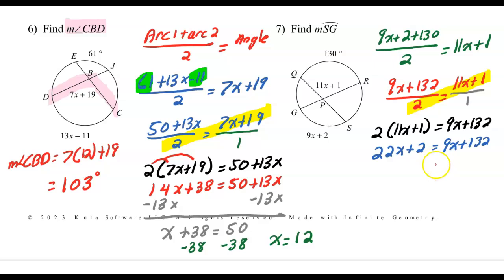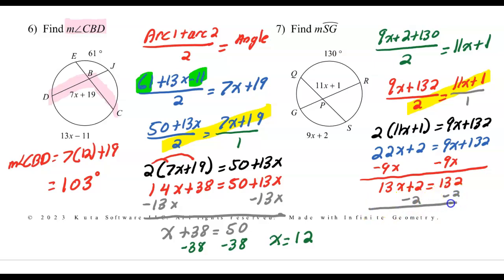I'll subtract 9x. So 13x plus 2 is equal to 132. Subtract 2. 13x is 130.